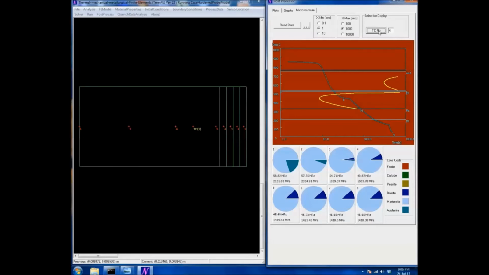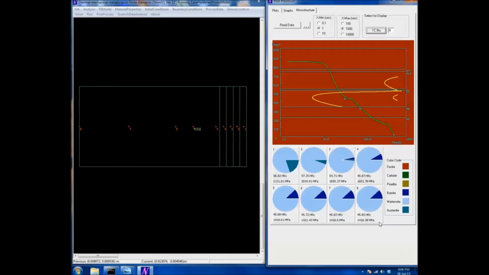We can traverse the entire section of the specimen sequentially with the thermocouple located at the axis or the center of the specimen, indicating about 45 HRC and about 1418 MPa as the tensile strength.